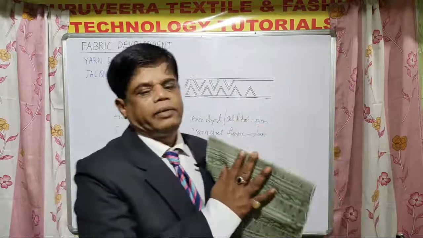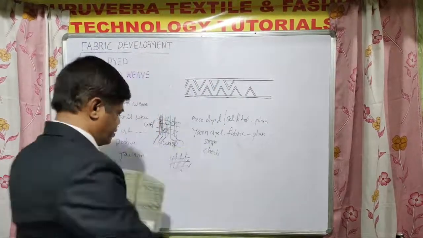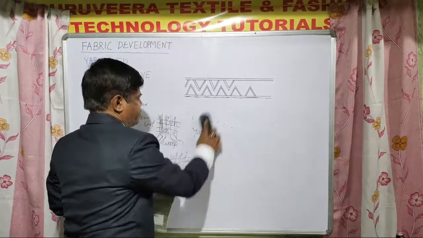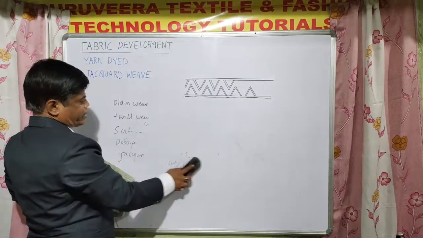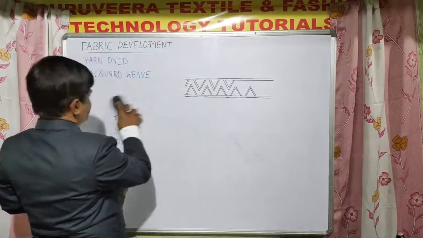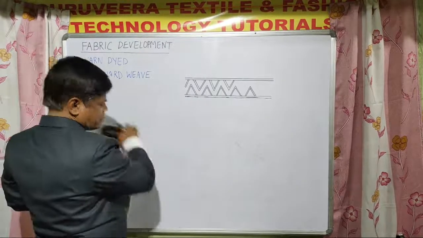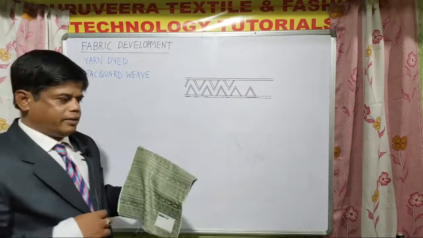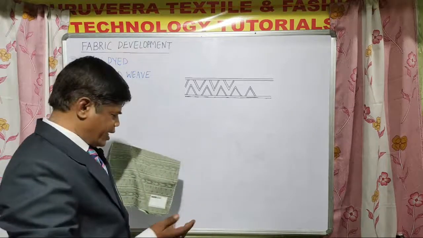Now I'm explaining this Jacquard fabric. See how this fabric is developed. See, friends, this kind of Jacquard yarn dyed fabric, you know what you are wearing, the shirts, stripes, checks, that you know.